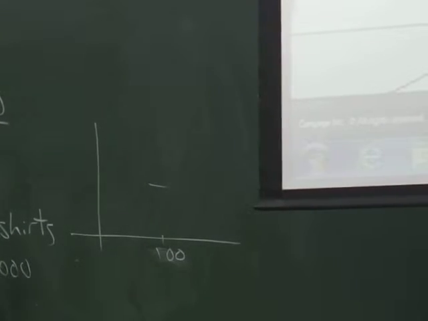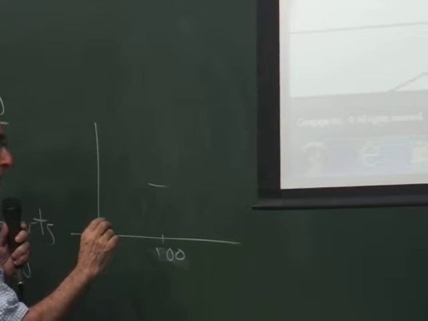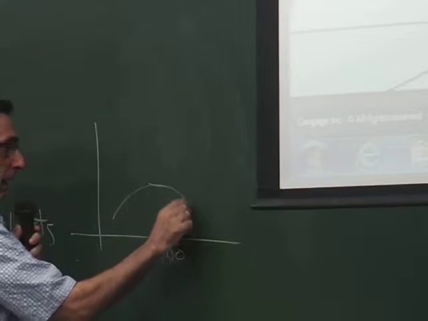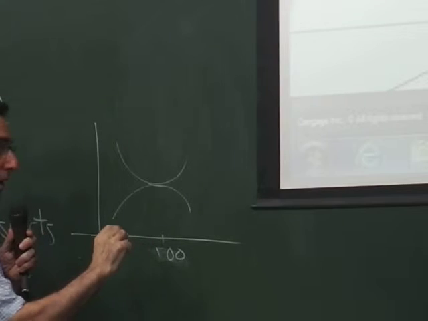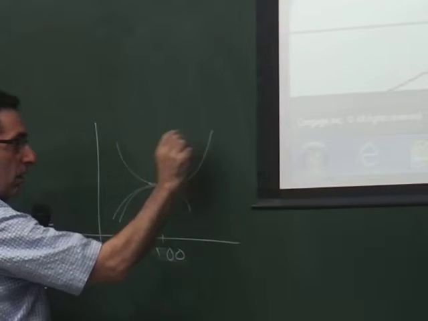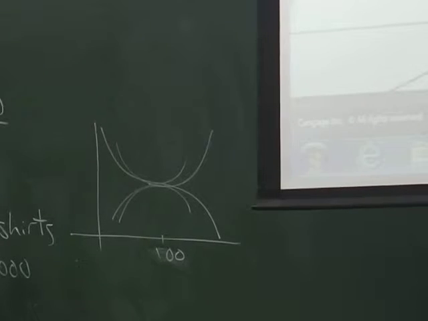Now we're trying to decide whether it's a relative minimum or a relative maximum. There's really only three or four possible shapes. It could look like that, like that, like that, or like that. Basically, that's all that's possible.